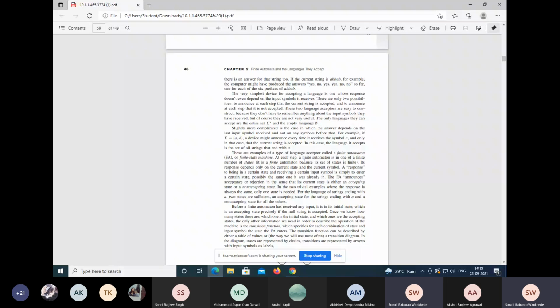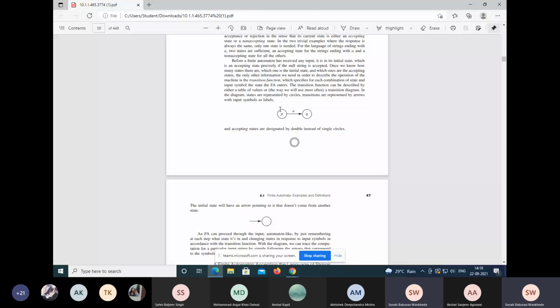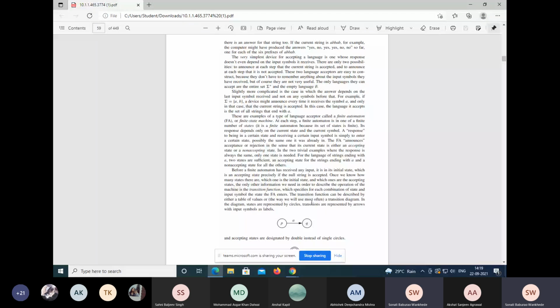That's it. Okay. So at each step, a finite automaton is in one of a finite number of states. There are certain states, and every state is represented by a circle. We'll see the notations in detail over here. Its response depends only on the current state and the current symbol.